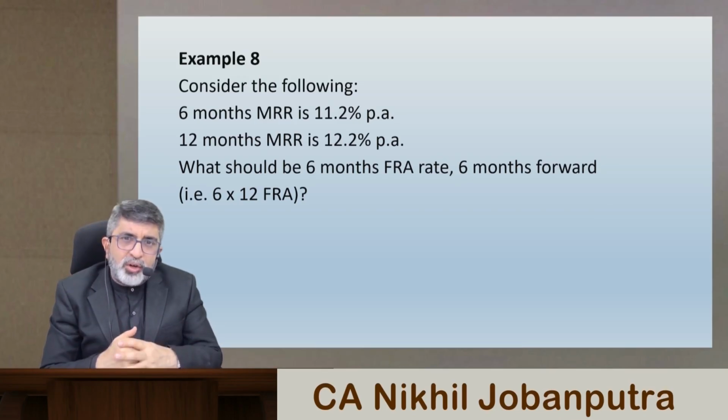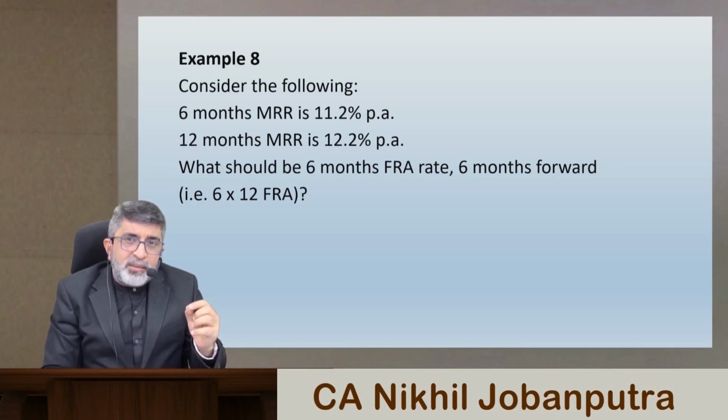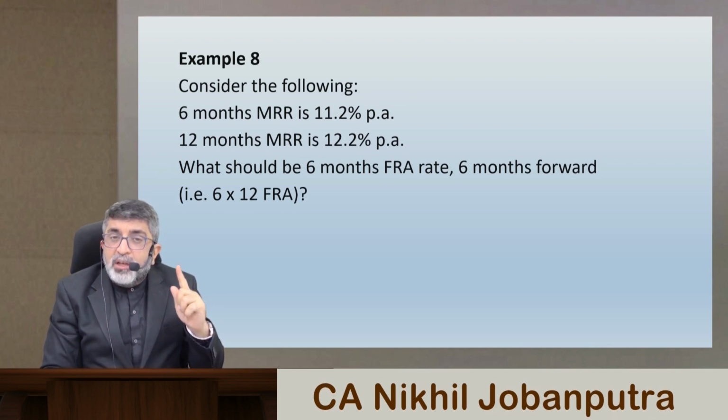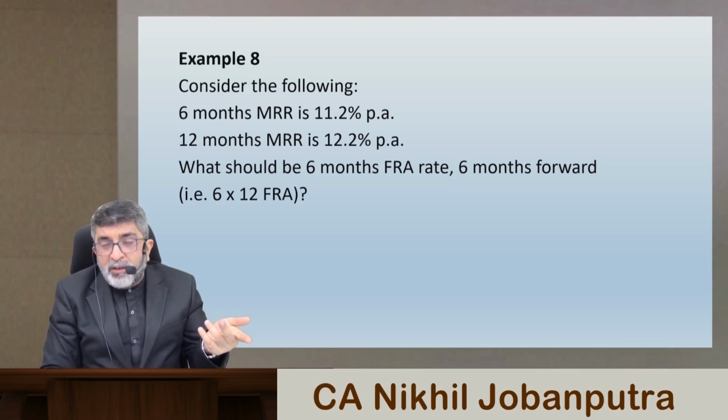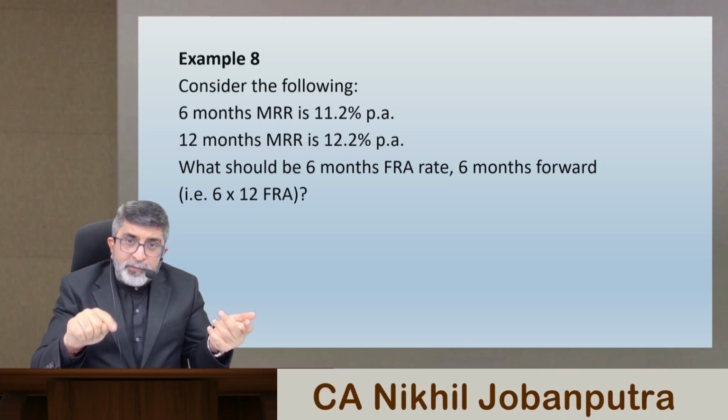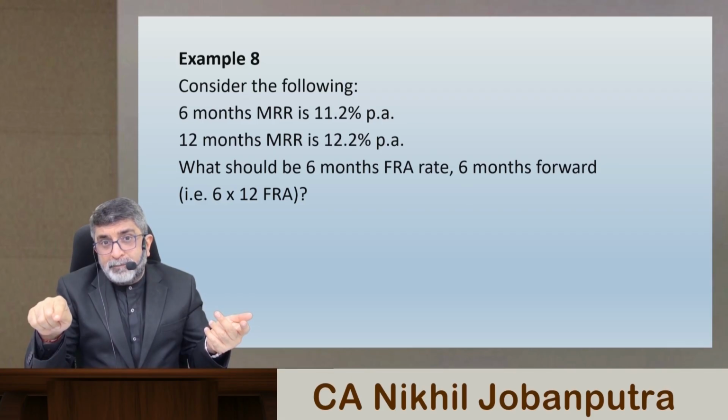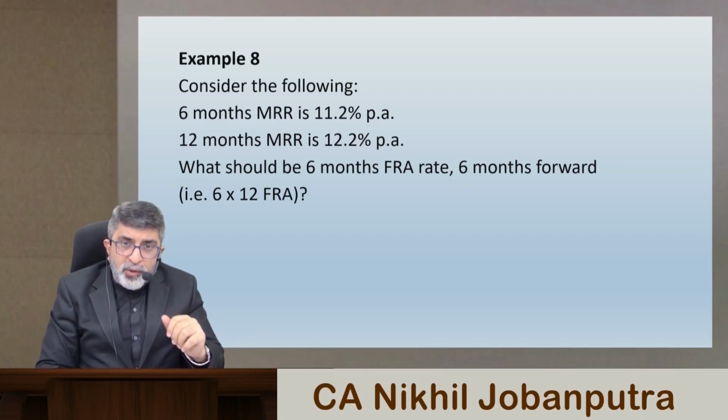The other thing that you will come across is the manner in which you express the FRA rate. Remember earlier, suppose it was a forward rate starting after 2 years for a period of 3 years, we used to write small f 2,3. But here, first of all, it will be in months and days.